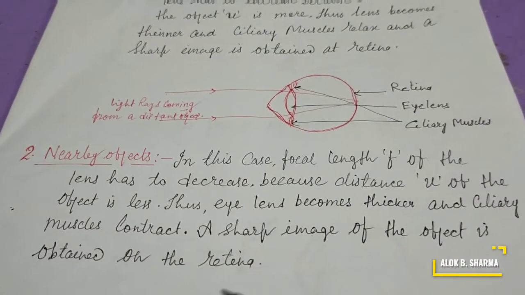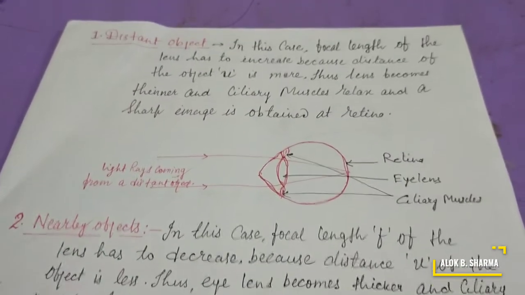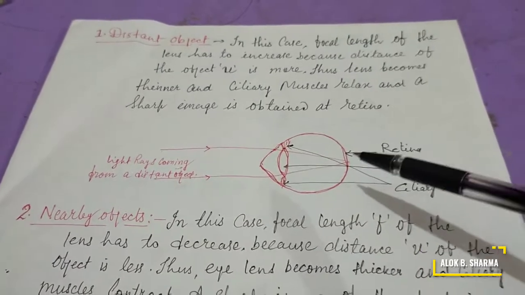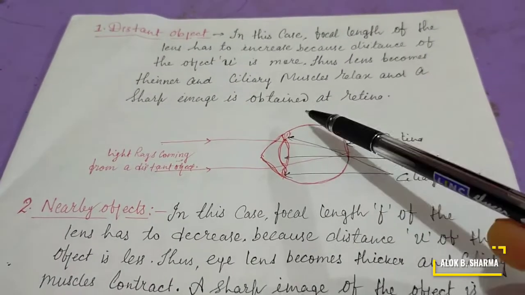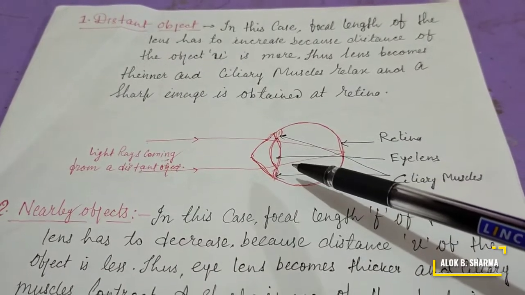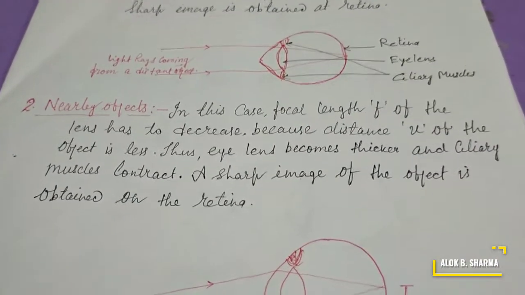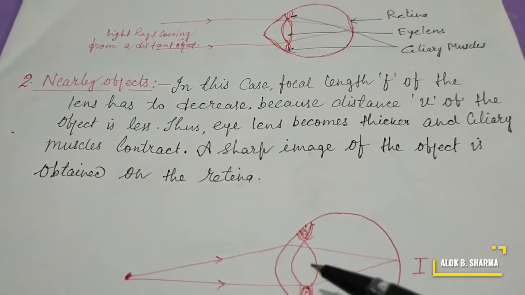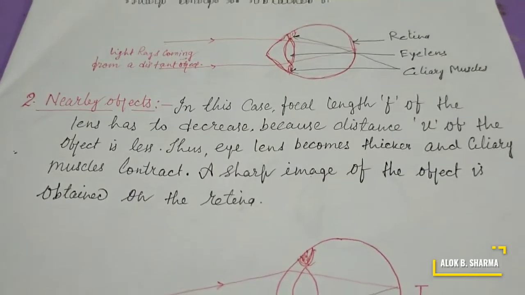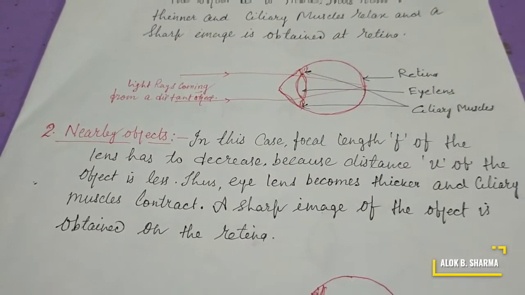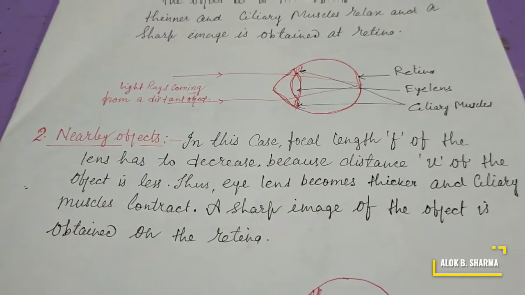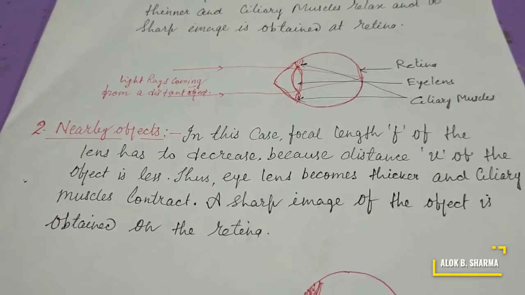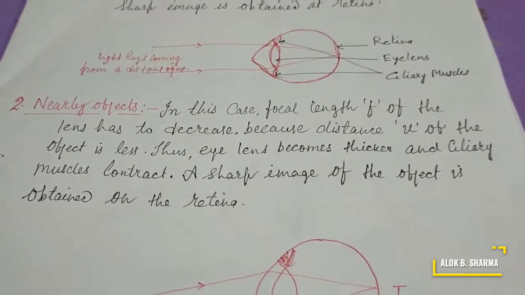Ciliary muscle sometimes contracts and sometimes relaxes. In case of a distant object, ciliary muscles relax and the lens becomes thinner. In case of a nearby object, ciliary muscles contract and the lens becomes thicker. So this self-adjusting capacity of the eye lens with the help of ciliary muscles is called power of accommodation.